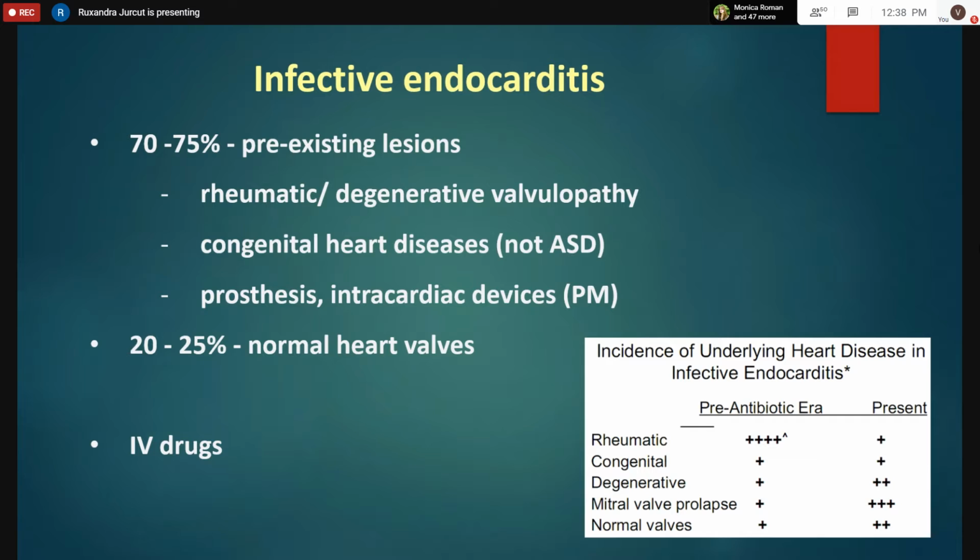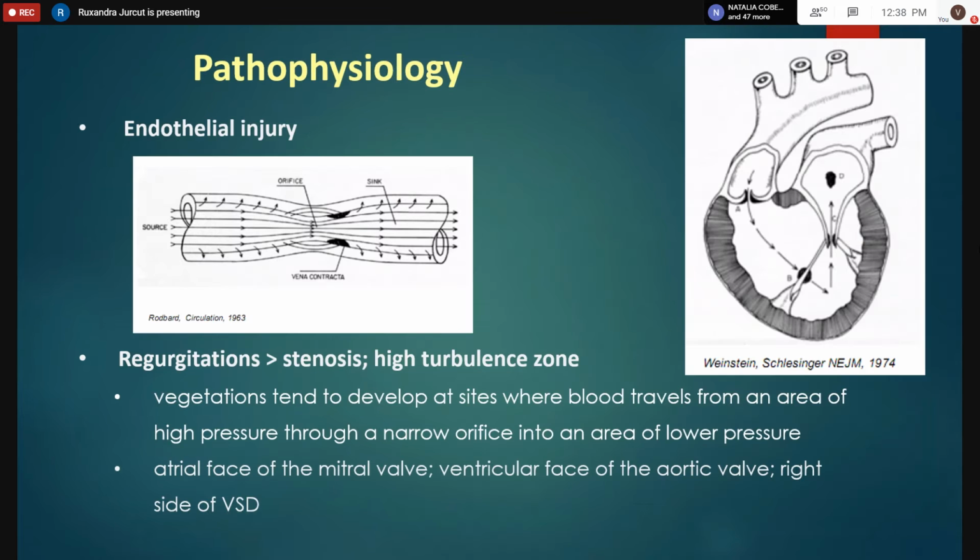And as I said, due to the increasing use of IV drugs, or infections of different types, normal valves can also be affected more than was the case before.